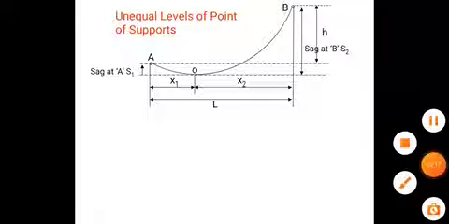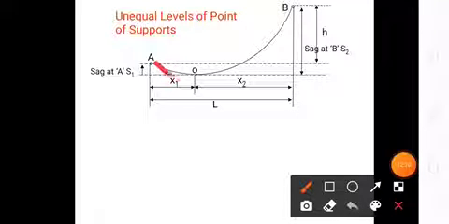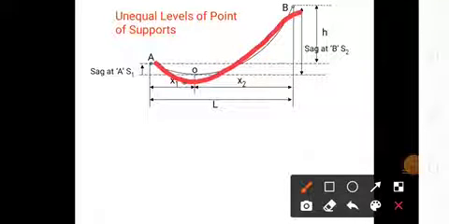Here this is the conductor, and the lowest point is known as O. From O to A the length is x1, and from O to B the length is x2.